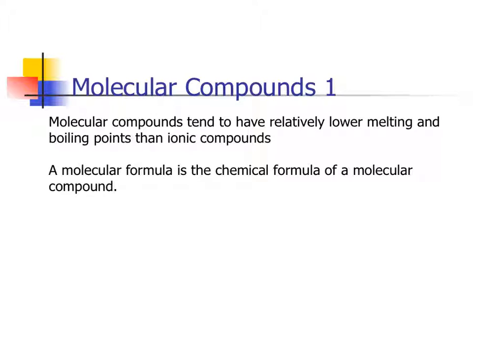And even a melting point of 100 degrees Celsius, which we might think is hot, is actually still low when it comes to melting points, especially those of the molecular covalent compounds. And this is really when you're comparing them to ionic compounds.